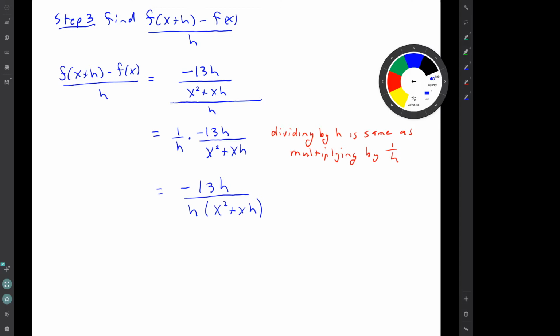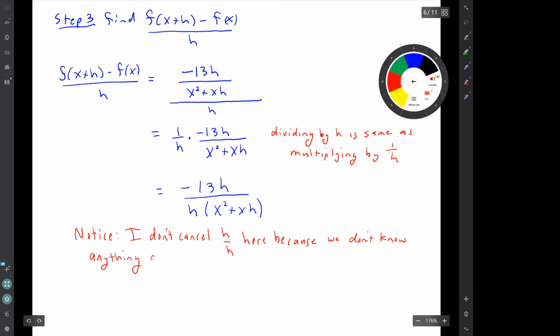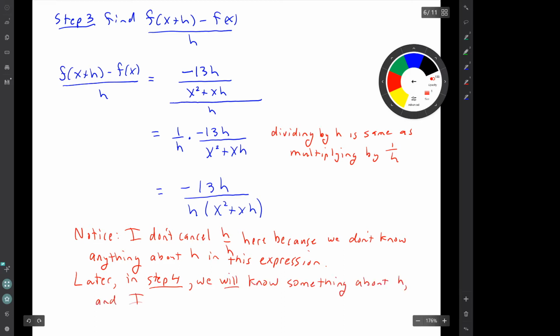I don't cancel the h over h because we don't know anything about h in this expression. Later in step 4, we will know something about h, and I will cancel h there. I'll point out that in the book's similar example, they do cancel the h's in this step 3. I don't find that as clear as it should be, so I don't cancel the h's here in step 3.